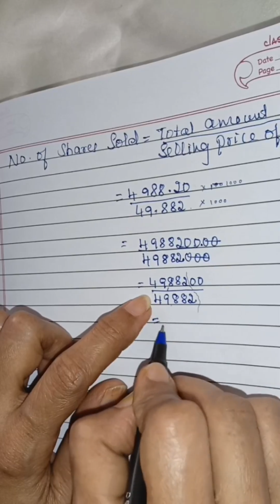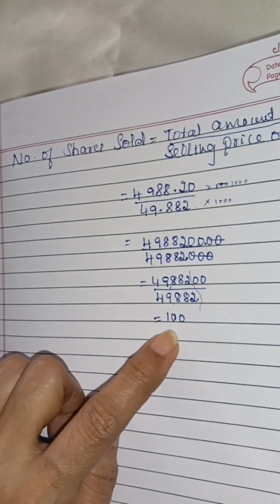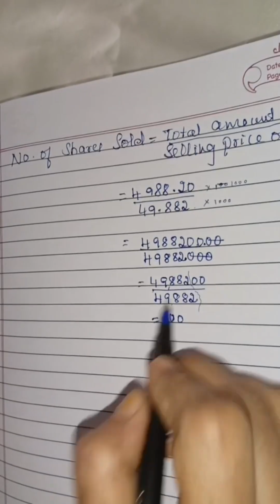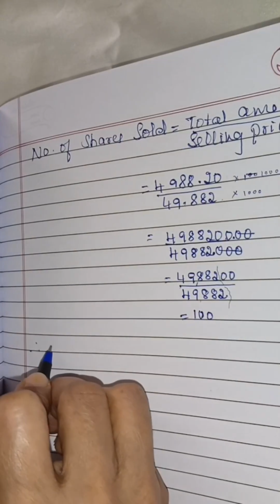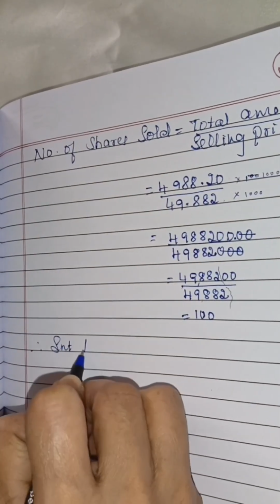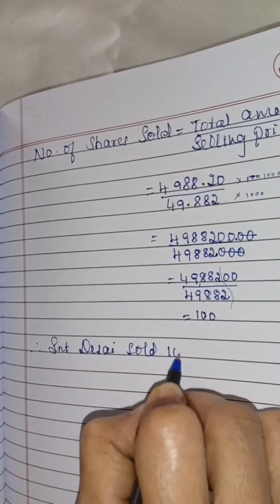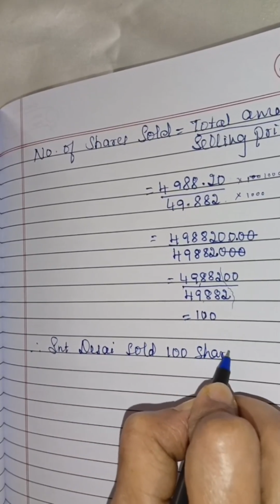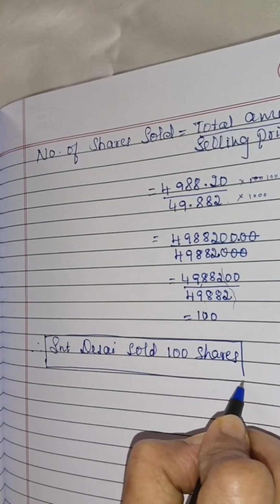This portion goes once, then these 20, 100. So the number of shares sold is 100. 100 shares. So therefore, what's the question here? The answer is Srimati Desai sold 100 shares.